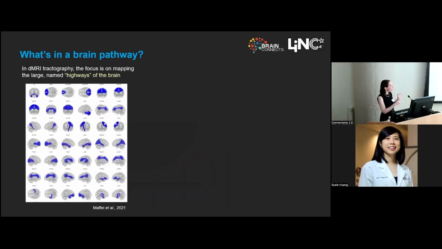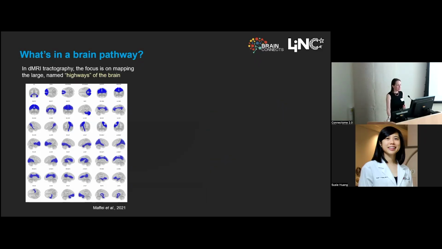However, all of that work, including ours and other automated methods for tractography, has focused on these big highways of the brain that have names like the corpus callosum, the uncinate fasciculus, etc. And for a long time, this has been the view of what a pathway is within the human neuroimaging community.